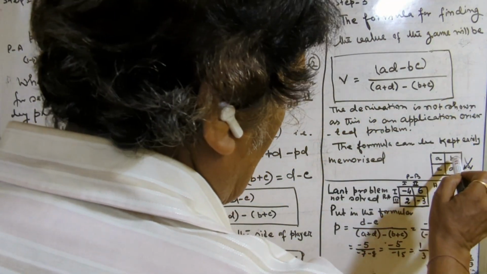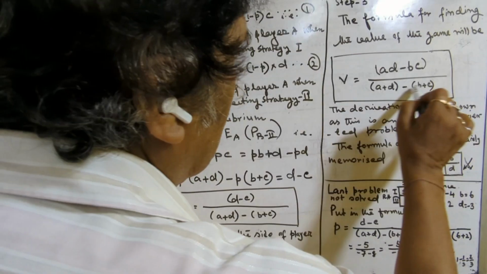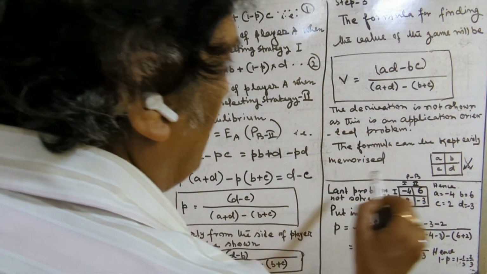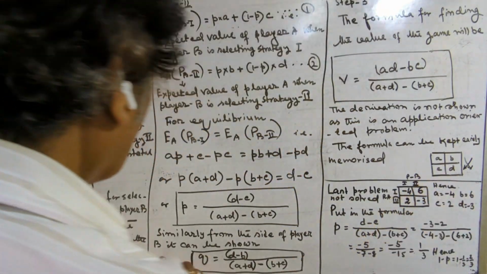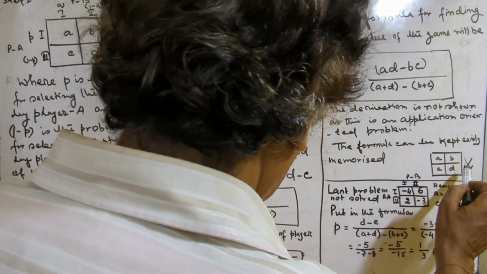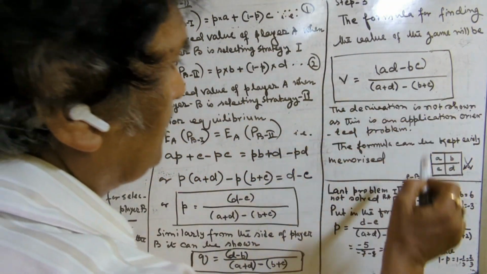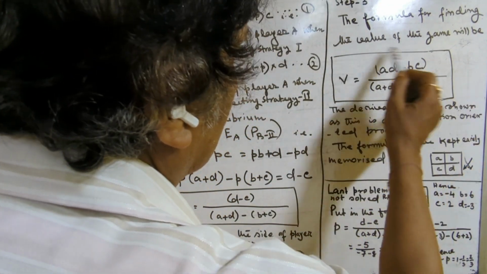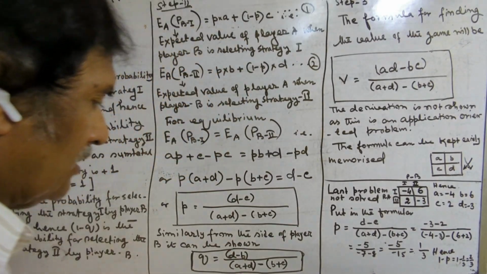The numerator for P will be D minus C. For Q, it will be D minus B. And for the value of the game, it is AD minus BC. That way you can keep the formula in your memory.